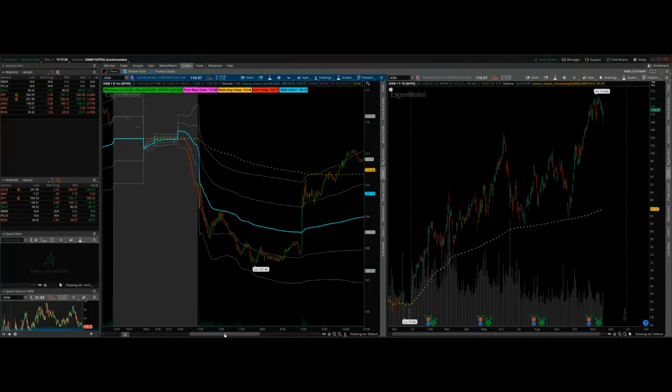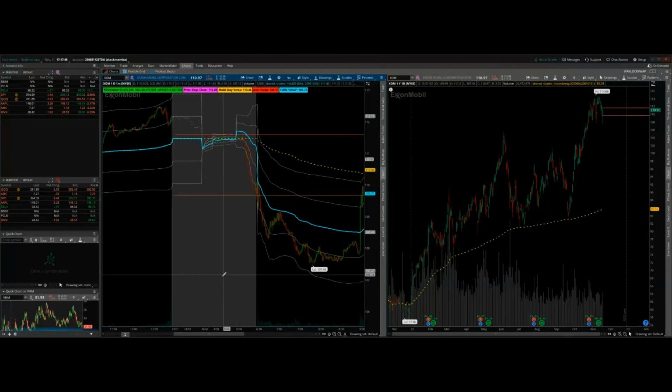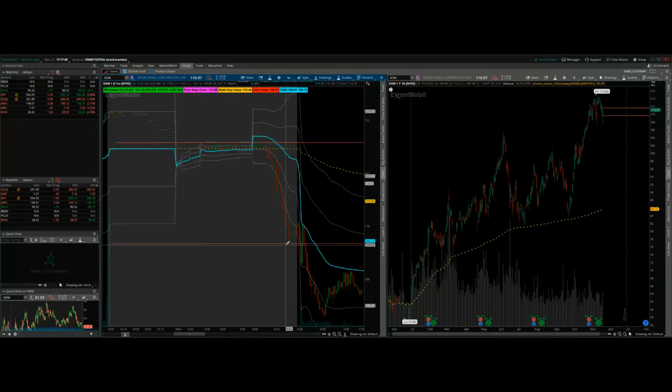But let's look at the pre-market. So not a lot of action in the pre-market. So we can take note of where it broke down from. Here, this is a low. All right, so that's a range. Let's get a little closer. Let's see if we could find something else a little bit more significant.